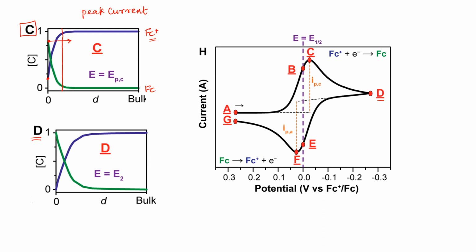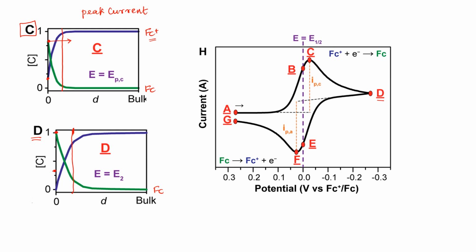So you look at this near the electrode. Let us say this is the nearest region around the electrode. So if you consider this as the electrode, then over here, near the surface, Fc is high.